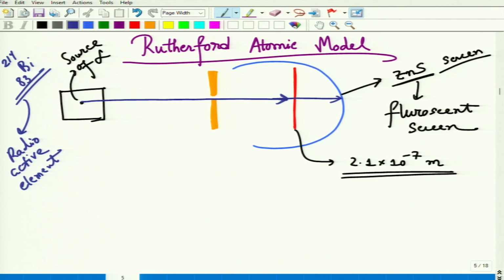The angle is theta. What is the angle? That means it is going like this, and after interacting with the gold foil, it was deflected from its previous trajectory. If it is deflected like this, this is the theta deflection angle.